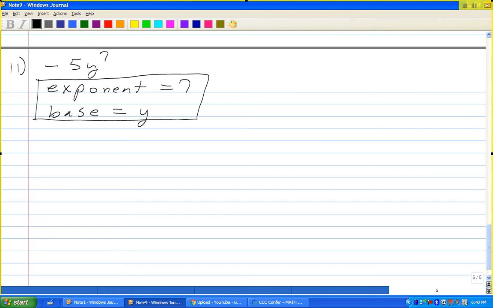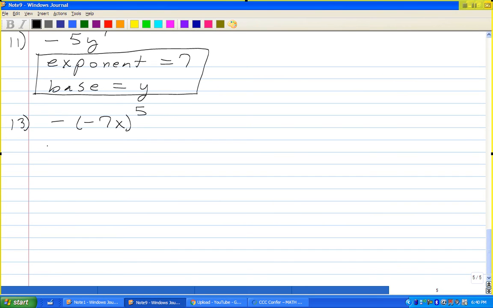13, minus -7x to the 5. So the exponent is 5, and the base is -7x.